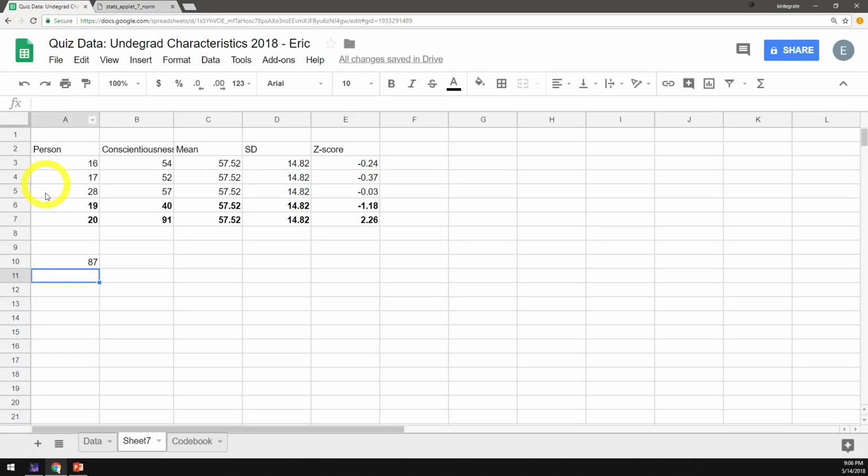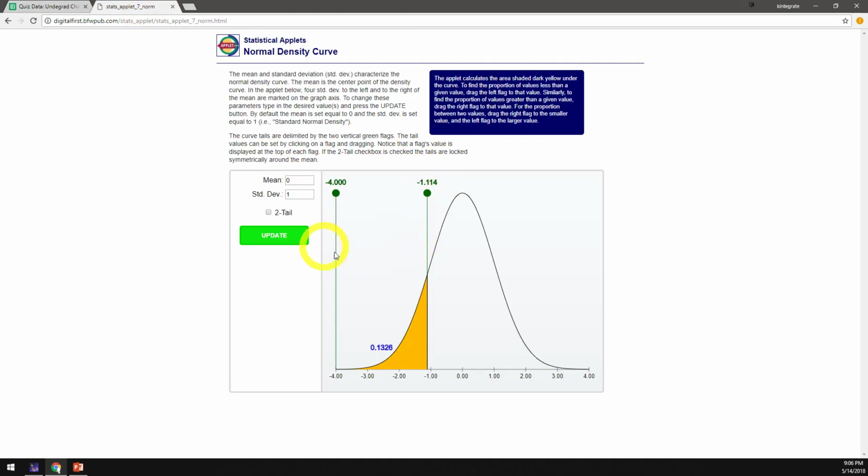So let's say we want to find the predicted score for conscientiousness at the 87th percentile. The first thing we want to do is go to this applet and figure out what the z-score is at the 87th percentile. Now we're focused on the proportion number, and we go to the 87th percentile, and we can see we get a z-score of about 1.129.